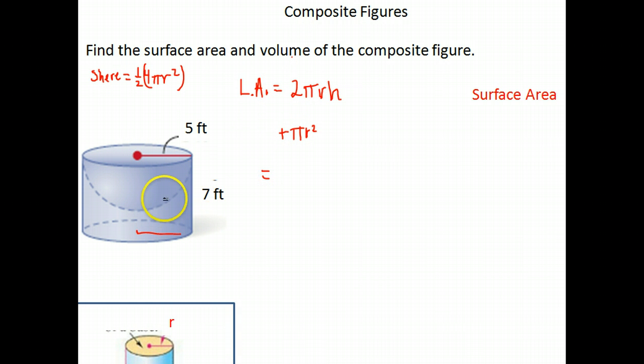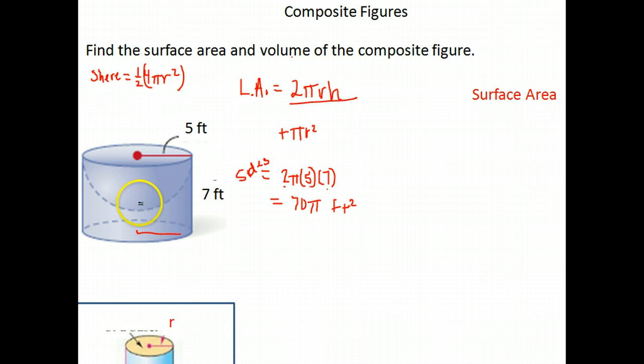So let's find the first portion, the sides, which is going to be the lateral area. It's 2 times pi times our radius of 5 times the height of the cylinder, which is 7. I'm just going to leave the pi alone, so 2 times 5 times 7 is 70 pi, and that's in square feet.